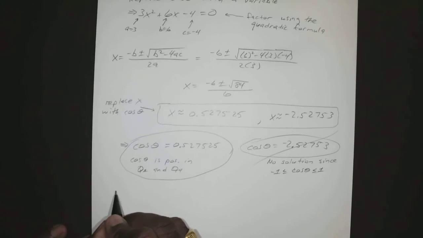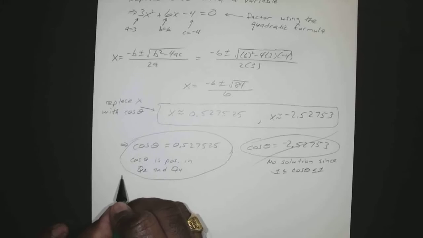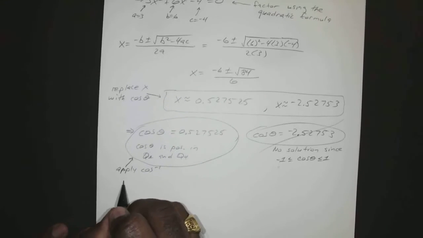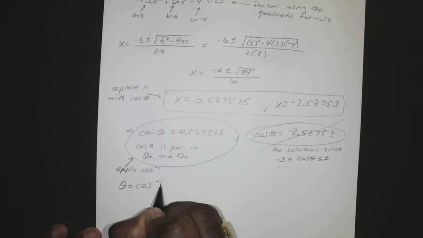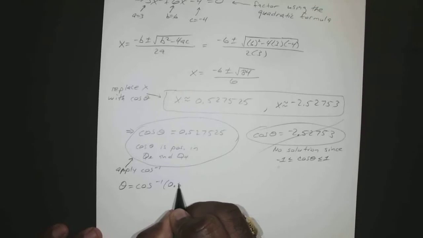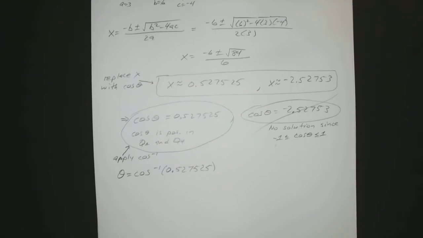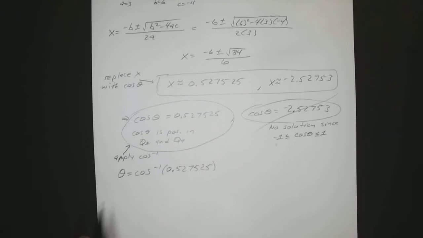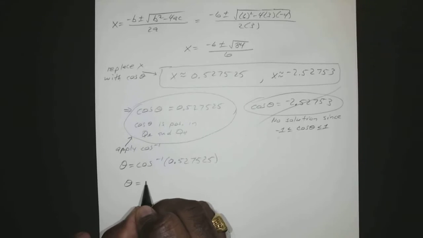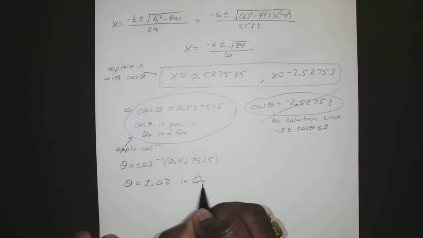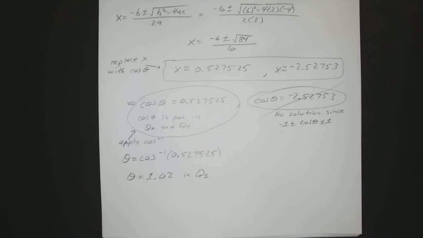Okay, so now we apply cosine inverse. So that gives us theta equals cosine inverse of 0.527525. Okay, so you plug that into your calculator, your theta is going to equal 1.02, and that's in quadrant 1. Now remember, in quadrant 4, that's when we have to use our reference angle.